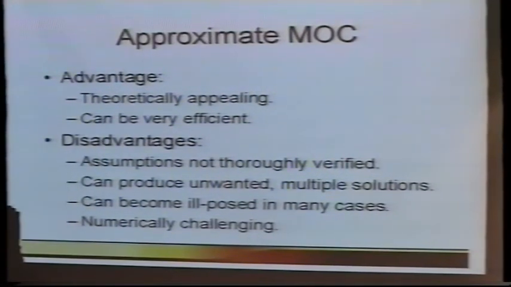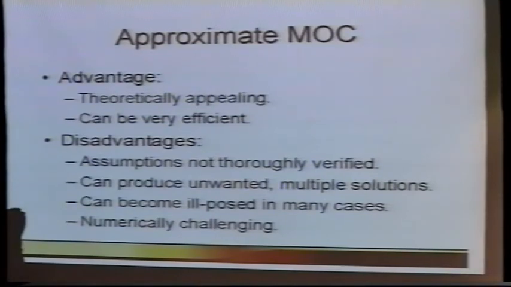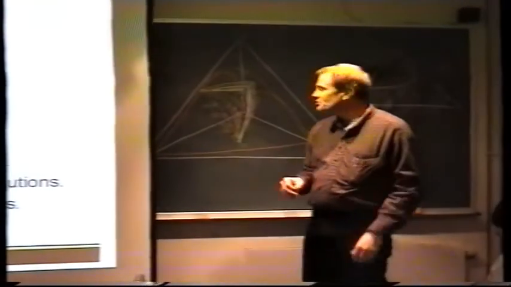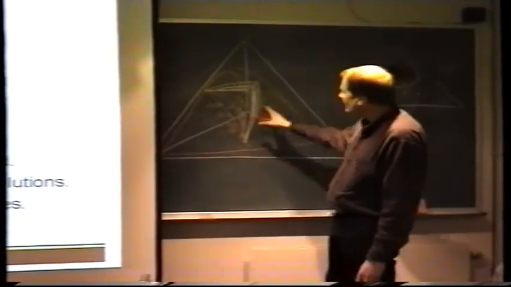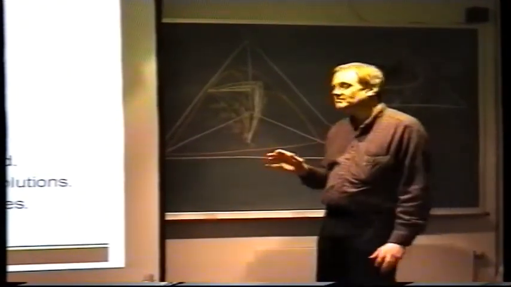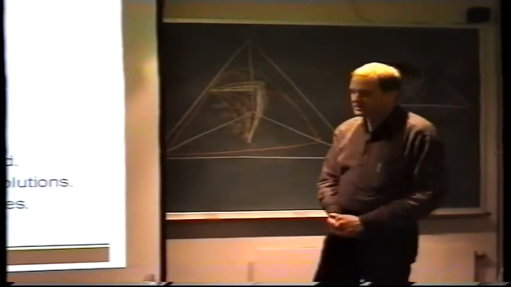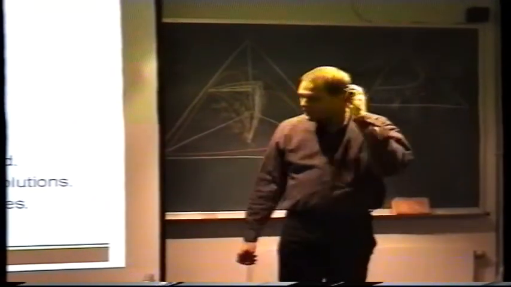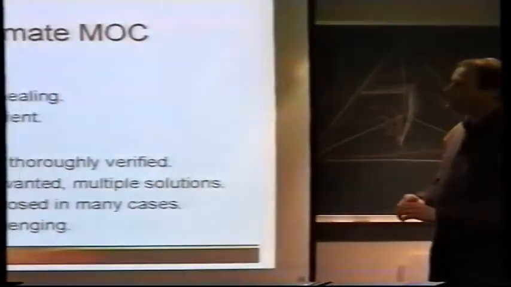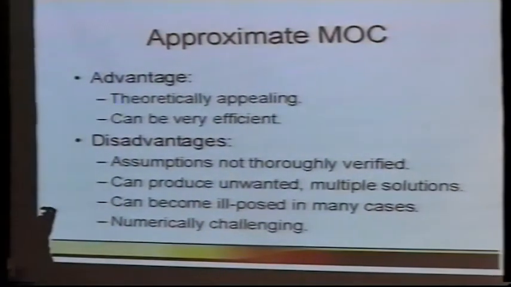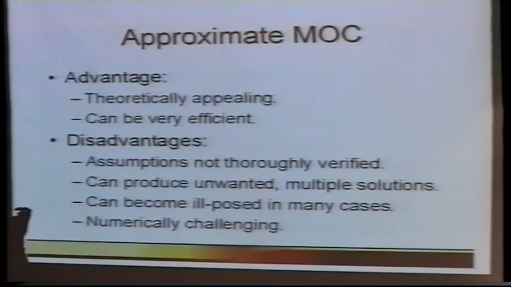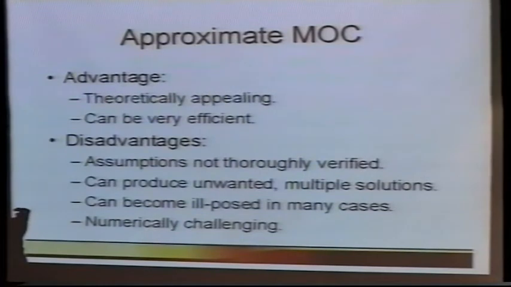Now, it's theoretically appealing because if all the assumptions hold true, then you only have to solve for very few unknowns relative to what you have in a full-scale simulation, say. And if you have a good initial guess and you have a good algorithm for solving for these 3 tie lines or 9 tie lines or however many tie lines, it can be very efficient.